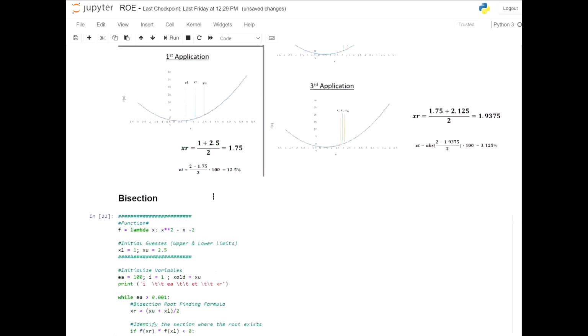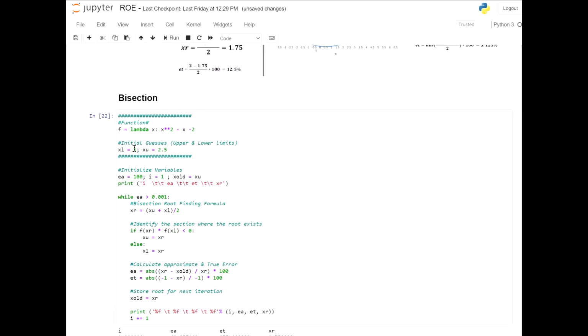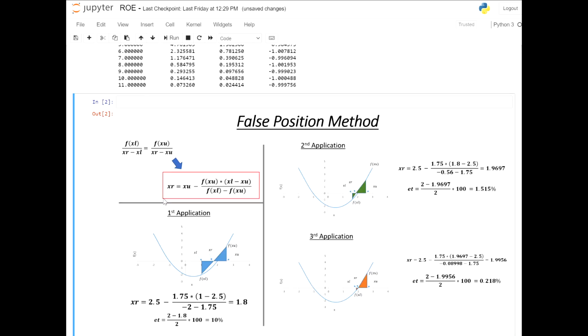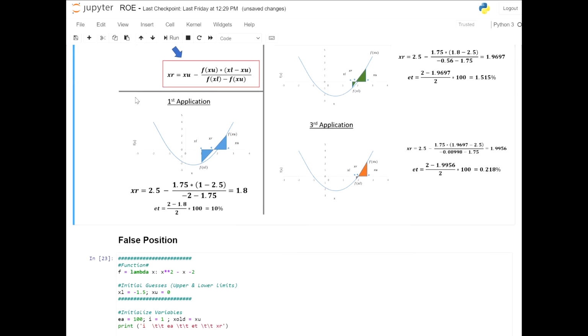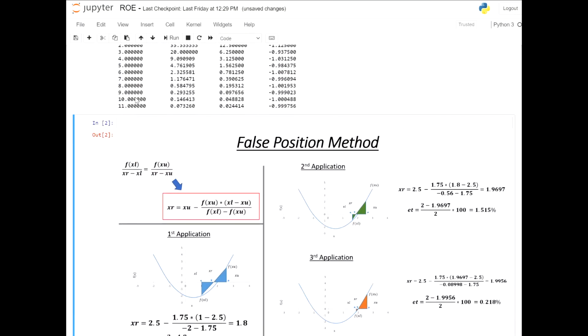Let's compare it to the bisection. Let's say -1.5 and 0, and start with an error of 0.1%. So this takes 11 different iterations. This takes 5.